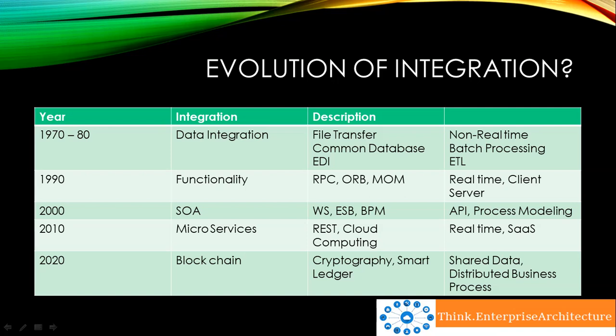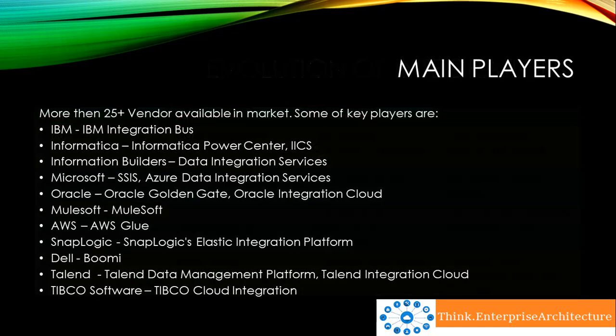It was more real time and a software as a service model. Now the new technology that is gaining speed is blockchain. It's about cryptography and smart ledgers, where shared data and distributed business processes are there. Blockchain itself is a very big topic, and probably we will have a detailed video on this in the future. Let's move to the next slide.